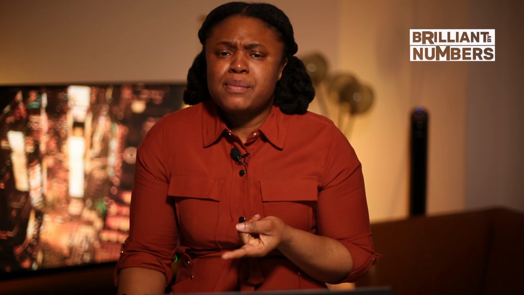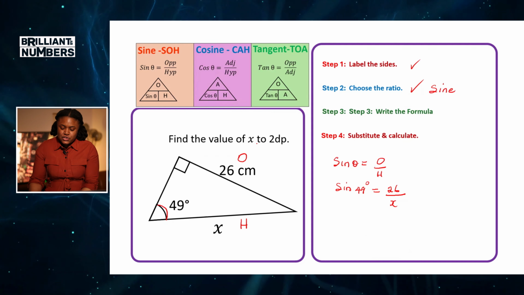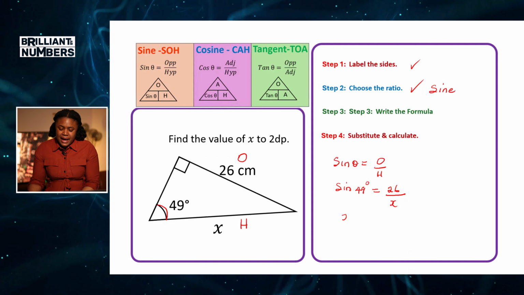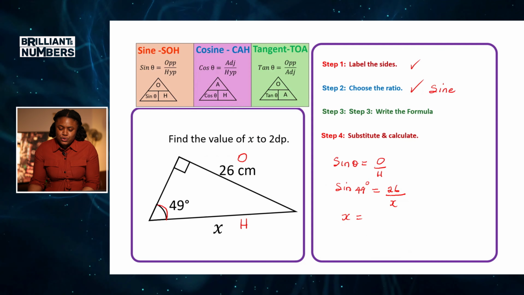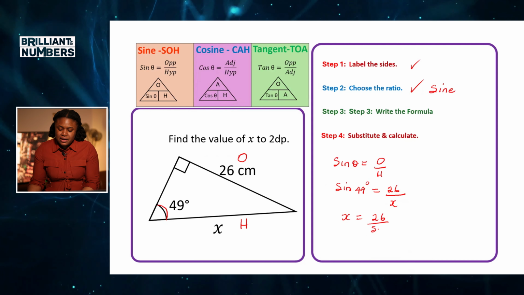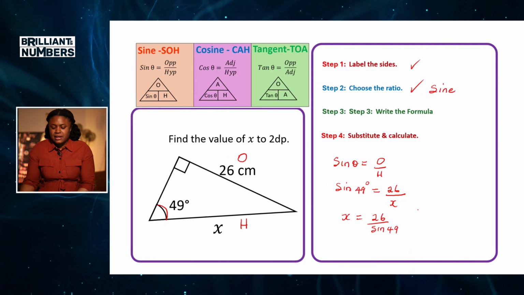So I reason, if when my variable was in the numerator, I multiplied, clearly if my variable is in the denominator, I'm not going to divide. Easy way to navigate this is to say that x would be equal to 26 divided by sine 49. And there we have it.